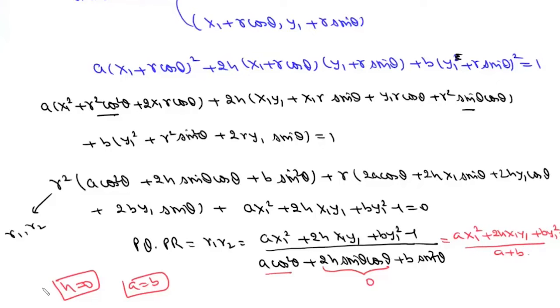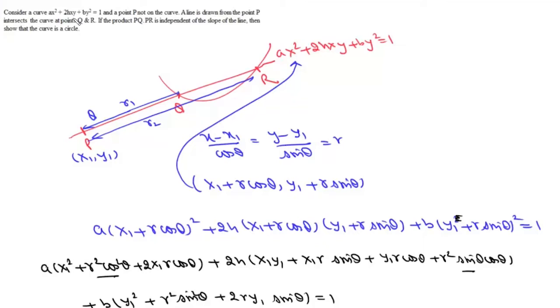So for this curve, the product PQ into PR is independent of the slope if h is 0 and a equals b. Now if h is 0 and a equals b, we can write this equation as a into x square plus y square equals 1, which is basically the equation of a circle. So this curve is a circle.